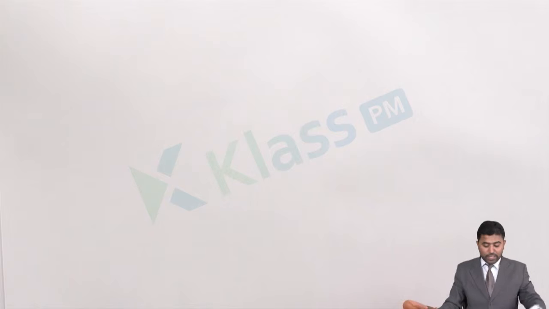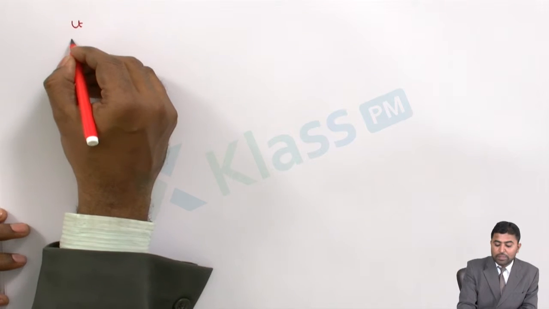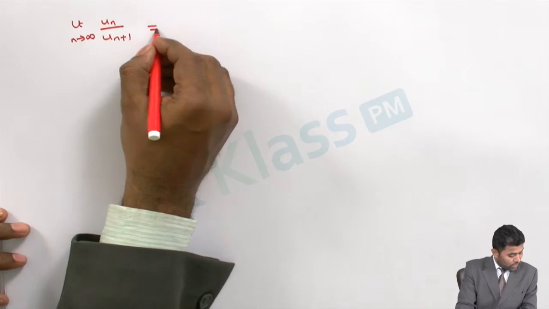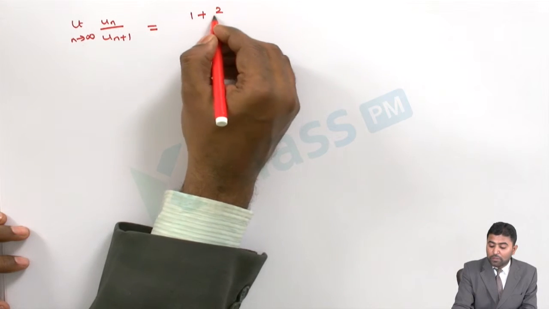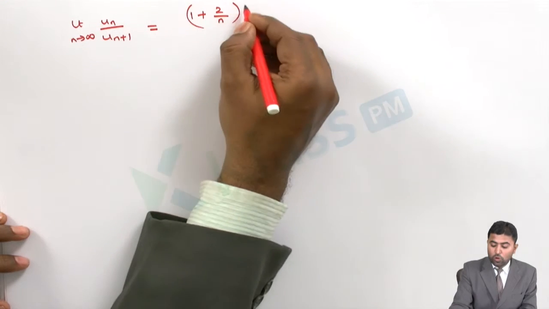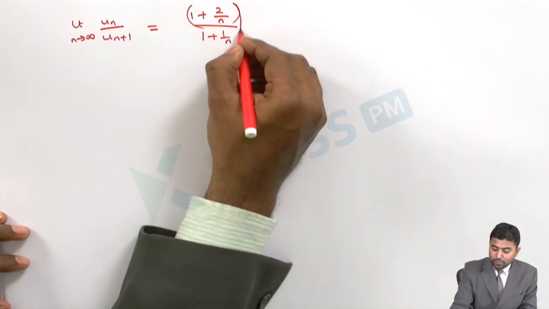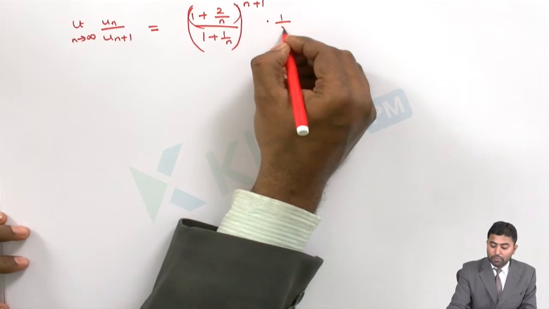Then taking out n common from these two and cancelling, we'll get limit n tends to infinity, un by un plus 1 is equal to 1 plus 2 by n whole power n plus 1 by 1 plus 1 by n whole power n plus 1 into 1 by x.